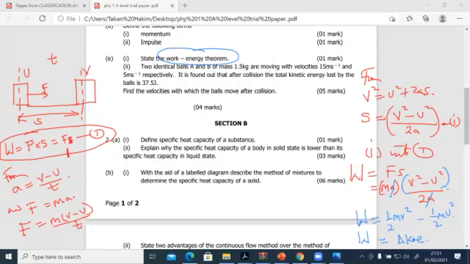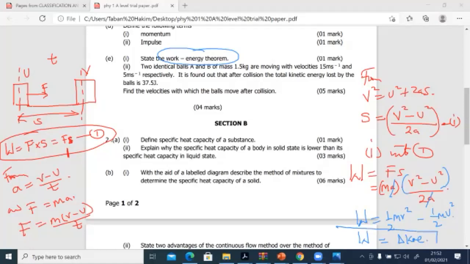That is what we call the work energy theorem, this statement here.